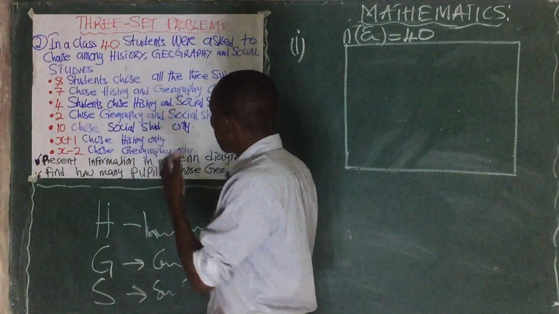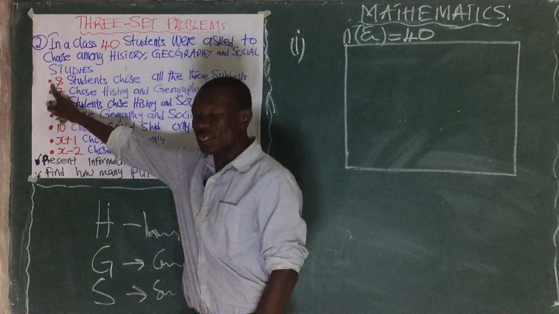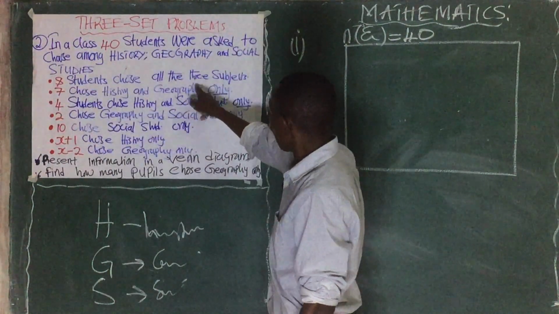Right. So like here, if I look at information of the first bullet, it tells that 8 students chose all the 3 subjects.